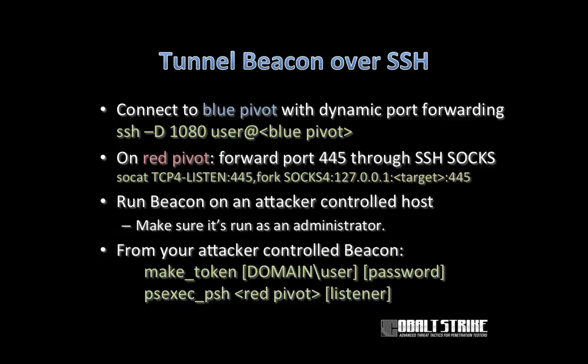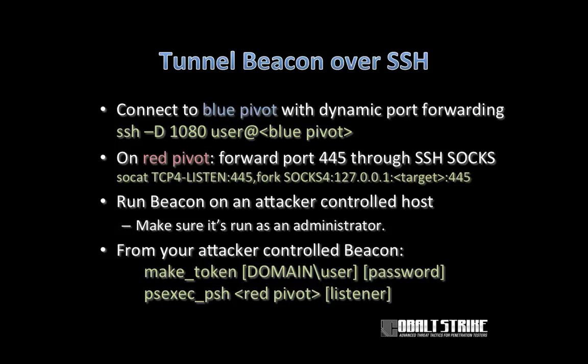And what the -D flag does is stand up a SOCKS proxy server that forwards any connections it receives through the SSH tunnel. Now, on the red pivot system, the system that initiated the SSH connection to the blue system, forward port 445 through the dynamic port forward SOCKS server we just stood up.